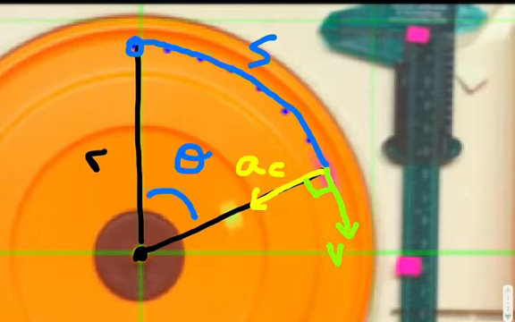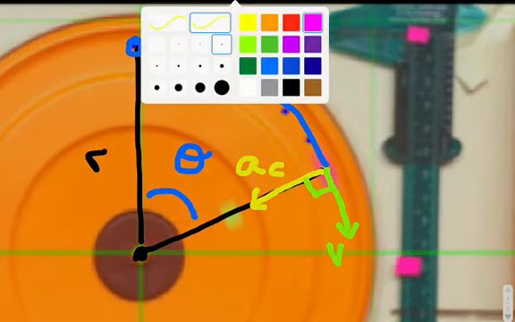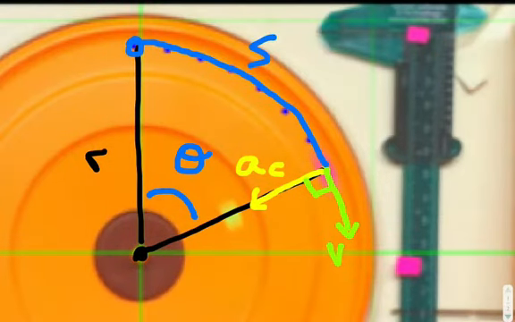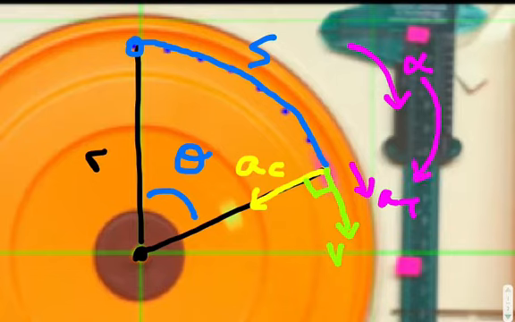But what if this turntable were speeding up? What we do know is that if an object speeds up, then there must be an acceleration in the direction of the velocity, and that will give you a speeding up or slowing down. This we call a tangential acceleration. So if an object's going to rotate at a faster and faster rate, there's an angular acceleration, and it's this angular acceleration that's related to this linear acceleration that's tangent to the path.